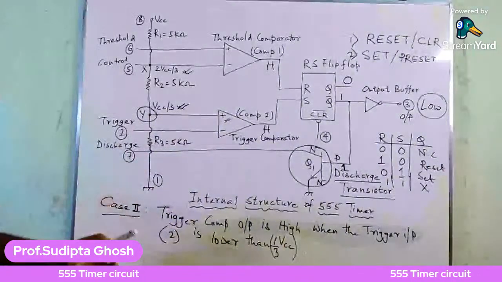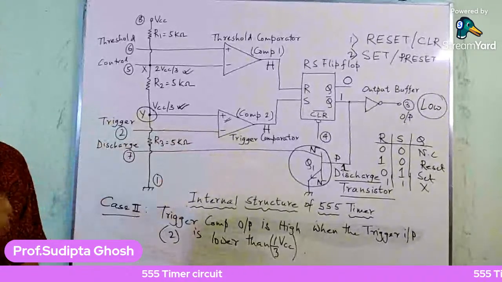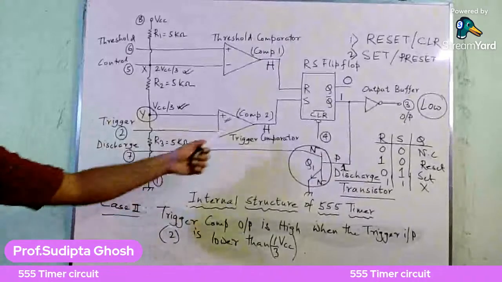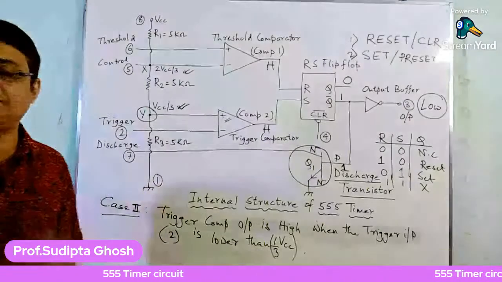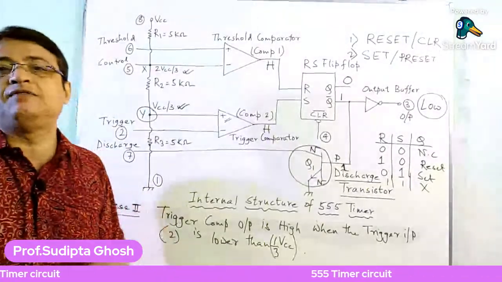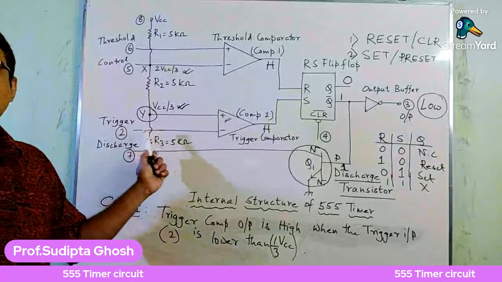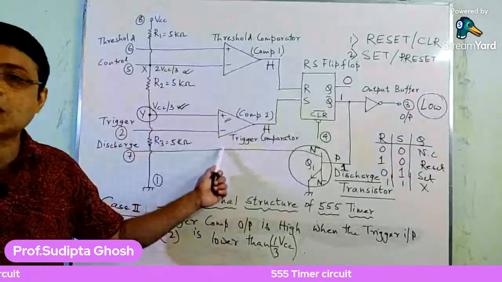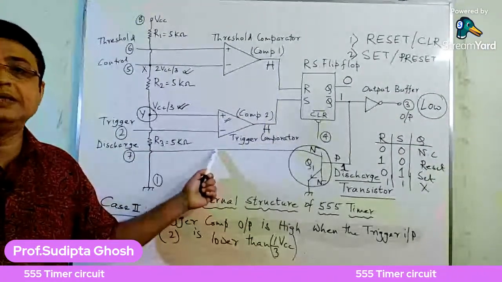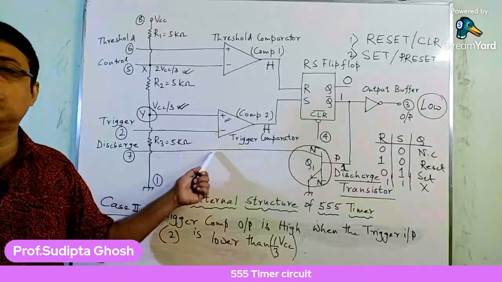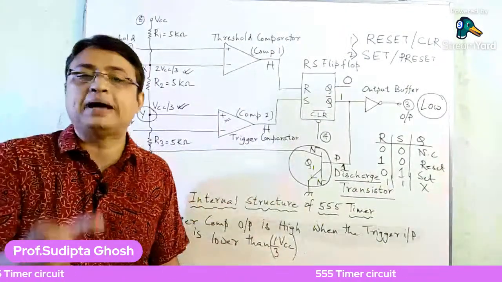So the trigger input, pin number 2, which appears across the inverting terminal of the trigger comparator, may go below the 1/3 VCC value. When it goes below the 1/3 VCC value, the non-inverting terminal value becomes higher, and that implies the output of the trigger comparator goes high.